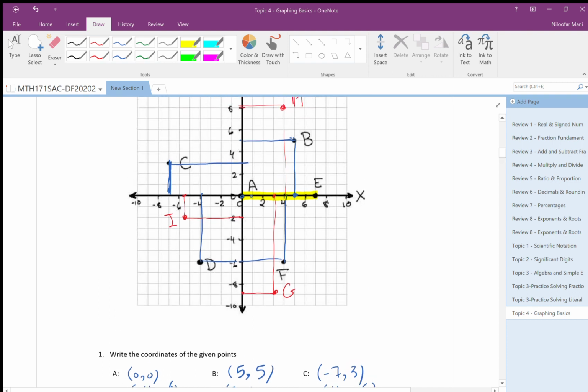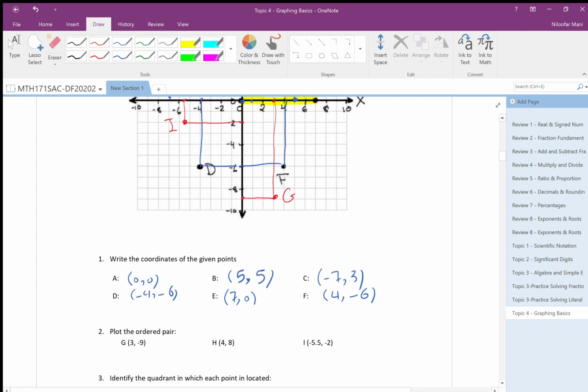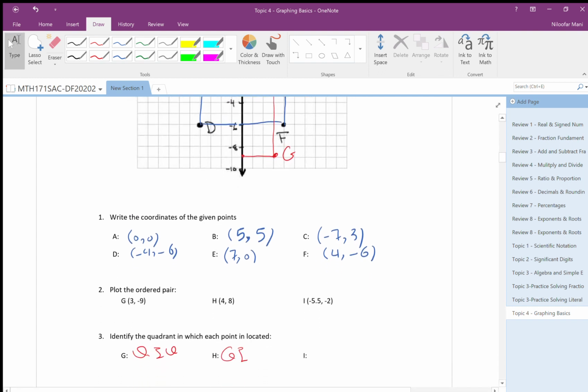How about H? Both of them are positive, so I am in quadrant 1, because x is right and y is up. How about the last one? Both of them are negative, which means one left, one down, so it's quadrant 3.